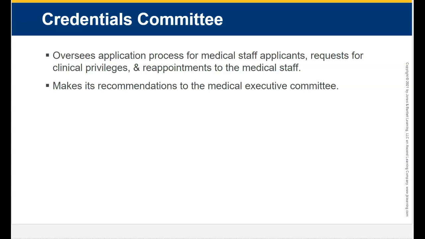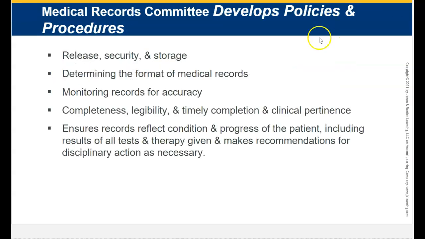Infection control, obviously that committee would oversee infection control. A medical records committee monitors the online records, healthcare charting systems, documentation, etc. They monitor for accuracy and make sure the records reflect the condition and progress of the patient.